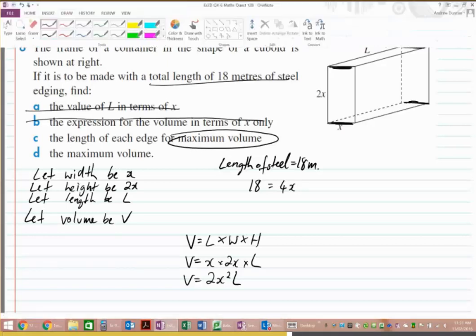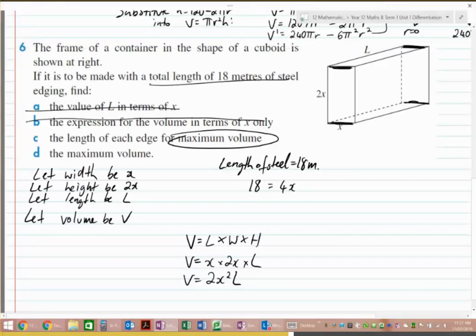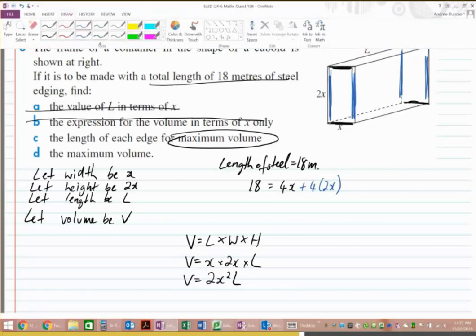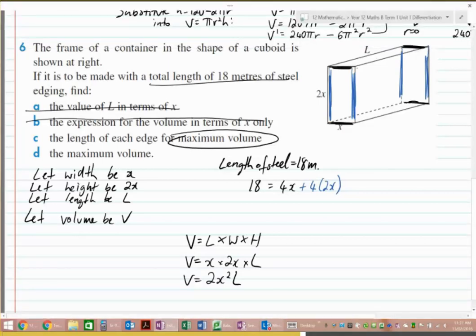We've done them. What about the vertical ones? So I've got 1, 2, 3, 4 vertical ones. So plus 4 lots of 2x. And then I'll look at these ones going back.